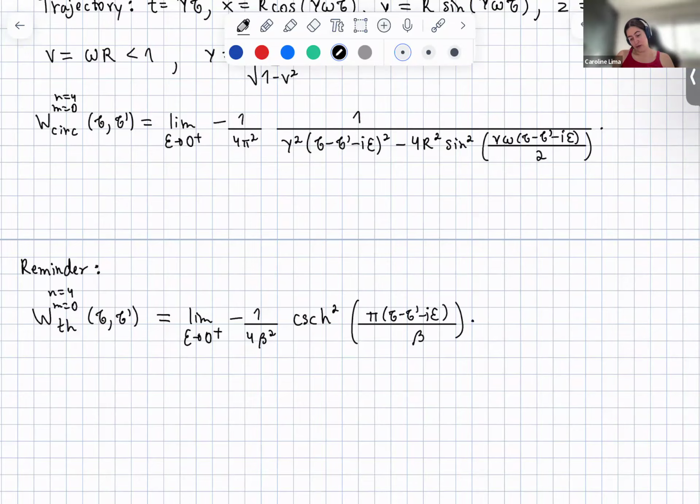Okay, so at this level, obviously the two Wightman functions do not match.